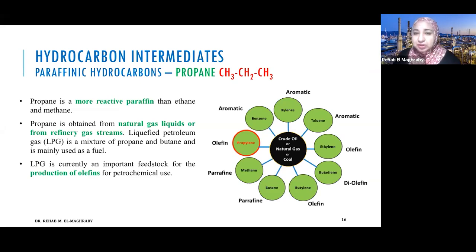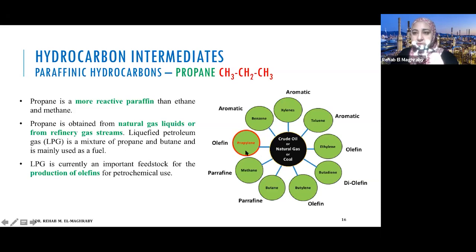Anyway, for the petrochemical industry, LPG as a mixture of propane and butane can be cracked to olefins. Propane, which is a paraffin base, is not of very high use, and there are not many chemicals based on propane, but propylene is one of the important building blocks for the petrochemical industry.